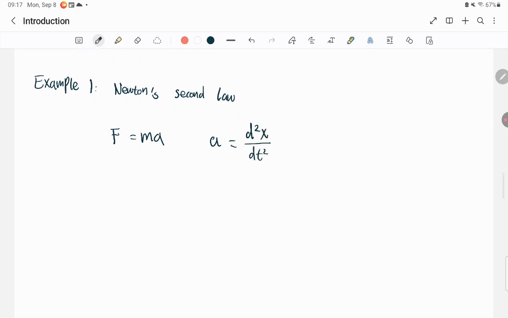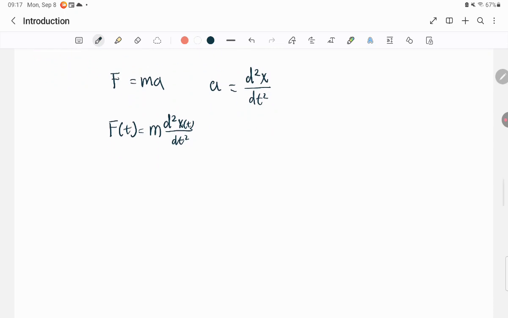And in time, we can write this as f of t equals m times d squared x of t over dt squared. So this equation tells us how an object moves when we know the forces acting on it. It is the foundation for understanding motion in almost every branch of engineering.